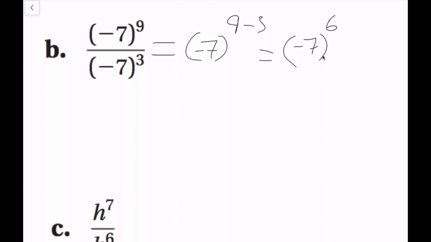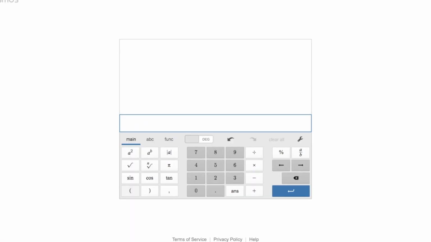But we can also simplify this into an exact answer. You could do it out, but I'm going to plug -7, the quantity, to the 6th power into my calculator. So I'm going to type in parentheses, -7 to the 6th power, and I get 117,649.